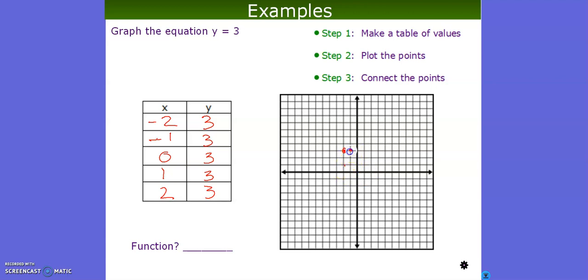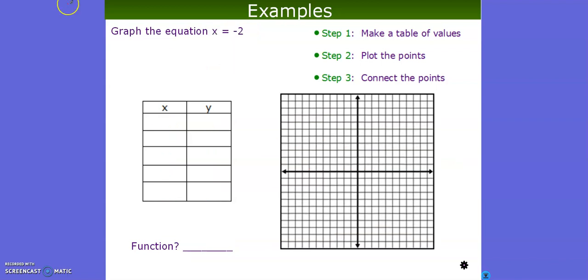Negative 1 up 1, 2, 3. 0, 1, 2, 3. Whenever I see y equals a number, this is going to create a horizontal line straight across my paper. Is that a function? Yes. You can drop a vertical line in there and it's only going to cross the graph once.